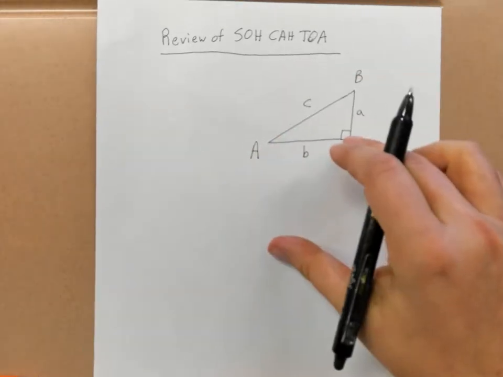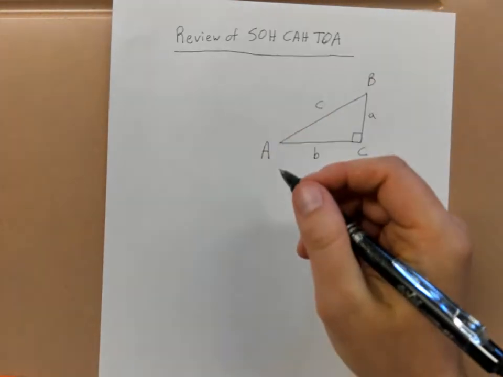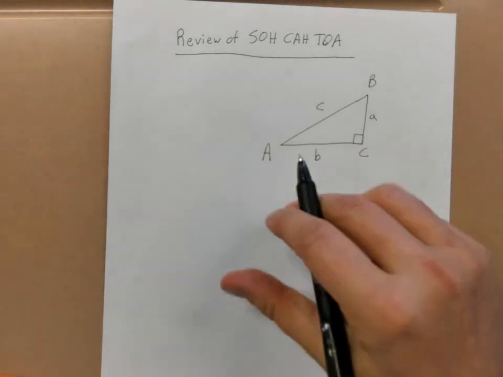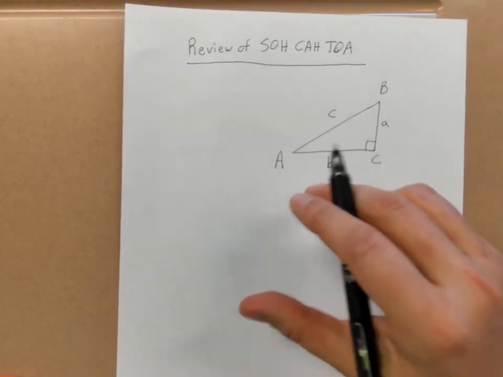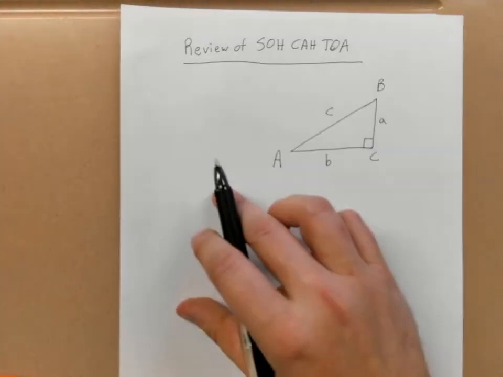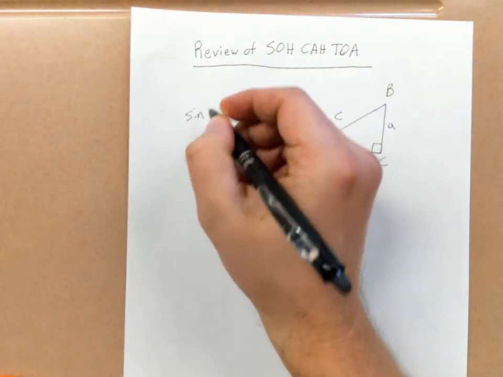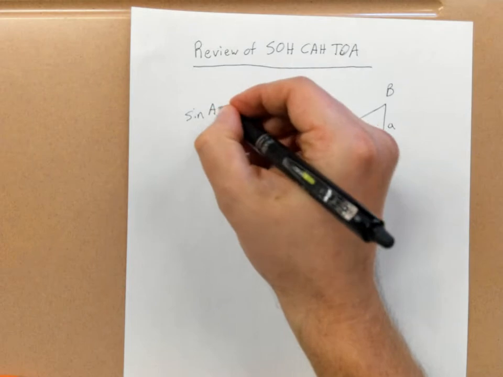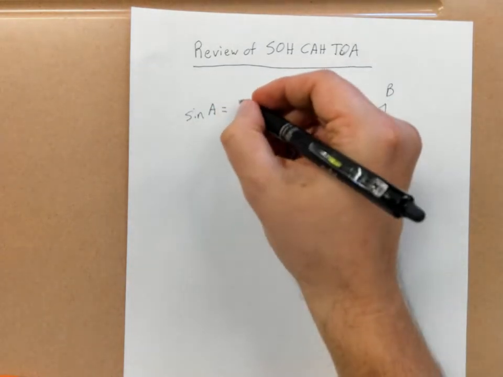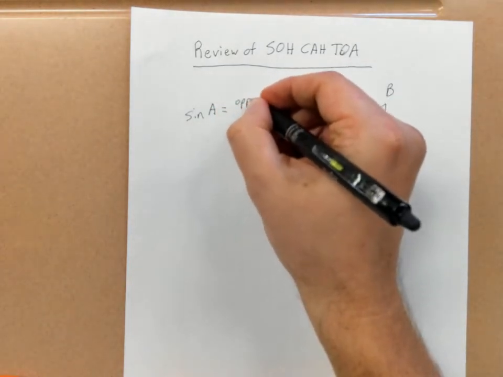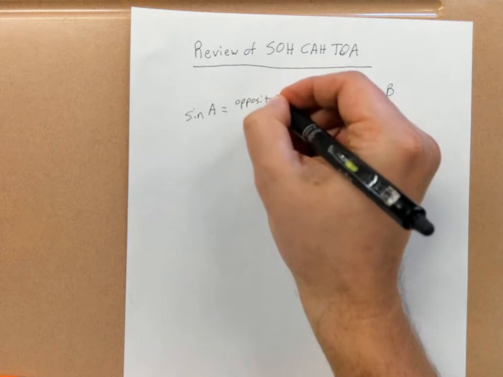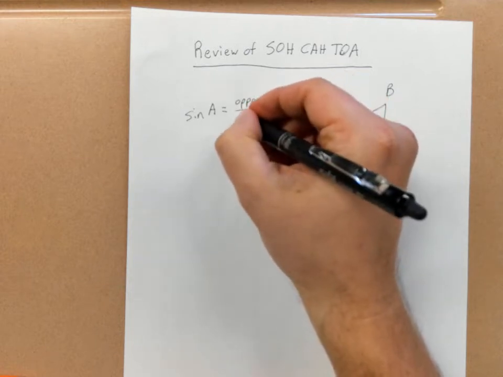And now the word, if you want to call it a word, SOHCAHTOA, comes from describing the different trig ratios of this triangle. So for example, the sine of angle A is always going to be the opposite divided by the hypotenuse.